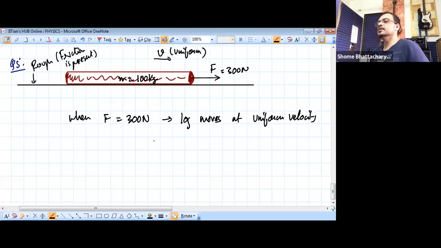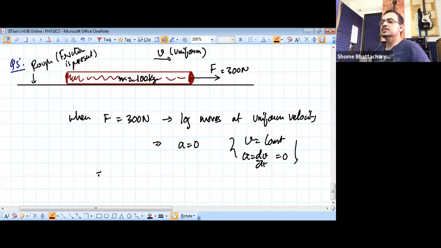So that means that uniform velocity means acceleration is zero. If v is constant, in kinematics, you know, instantaneous acceleration is dv by dt, so that becomes zero because v is constant. So that means the net force on the block must be zero. So that means this force that you are applying as the external agent is getting cancelled by another force which the ground is applying.